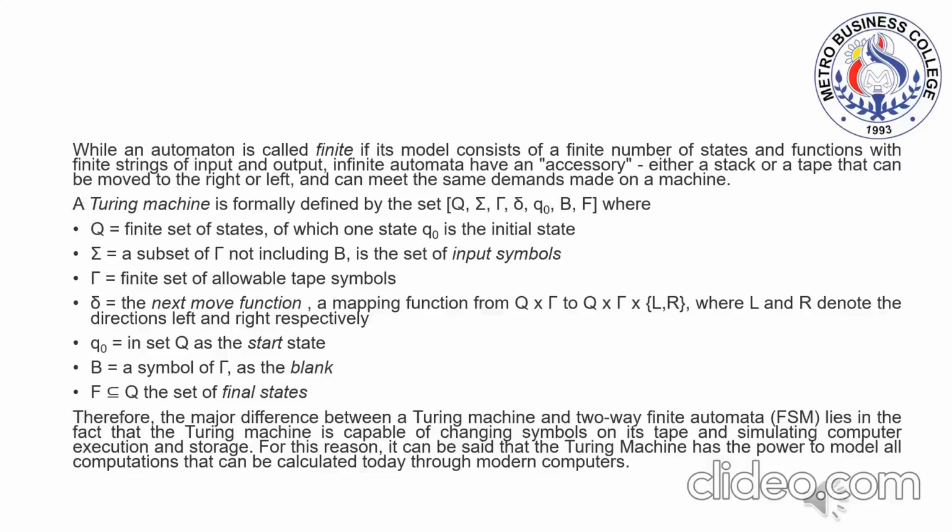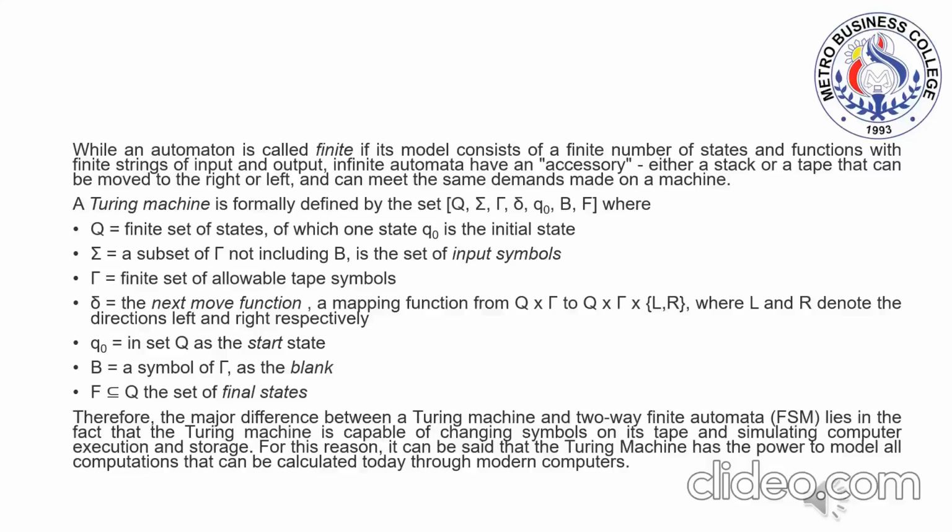Delta equals the next move function, a mapping function from Q x Gamma to Q x Gamma x {L, R}, where L and R denote the directions left and right respectively. Q0 in set Q is the start state. B equals a symbol of Gamma as the blank. F, a subset of or equal to Q, is the set of final states.